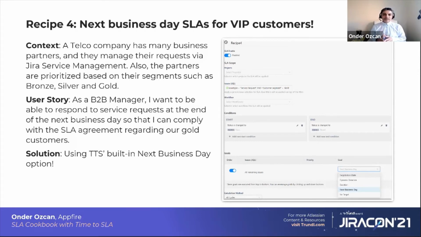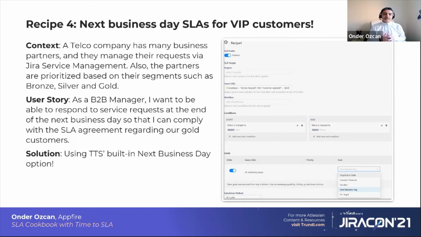So what happens behind the scenes is, when you choose the next business day, Time to SLA is calculating the next business day by using the calendar behind the scenes, right?